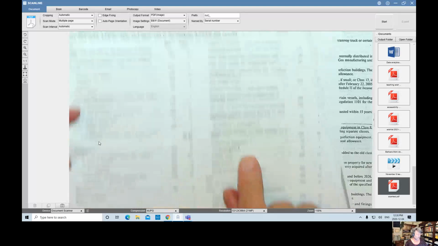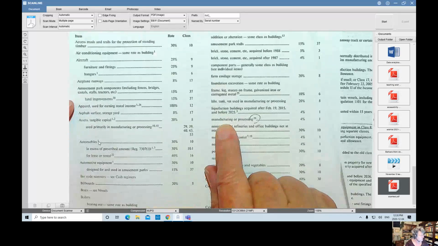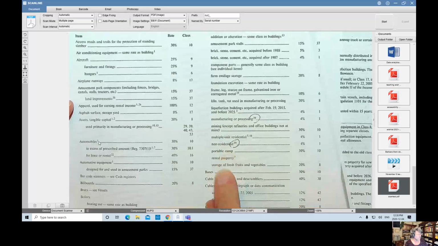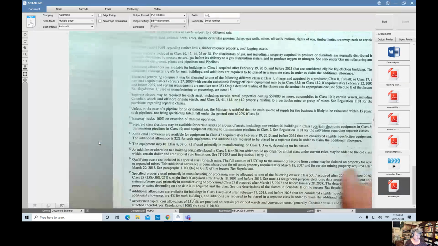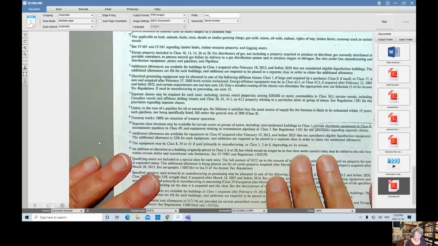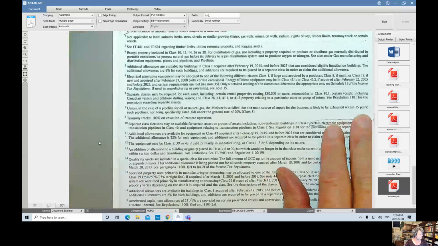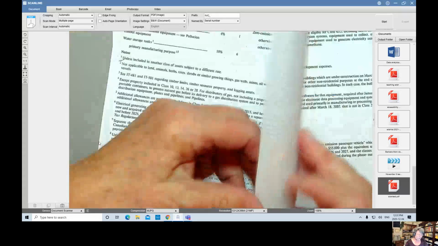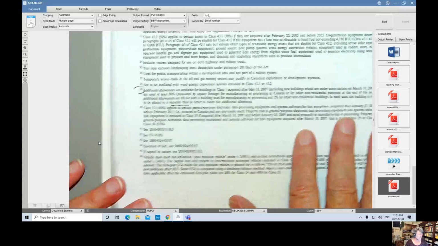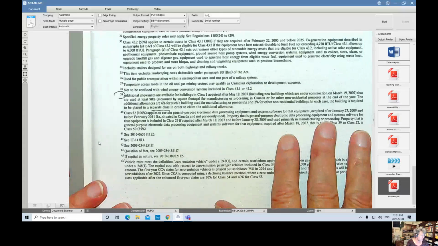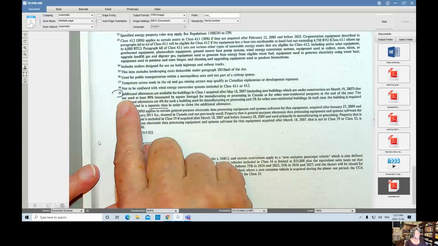So if we get to manufacturing building, non-residential building, note footnote 39. So make sure you've also looked at the footnotes. When we go to the footnotes, footnote 39 talks about additional allowances that are available.